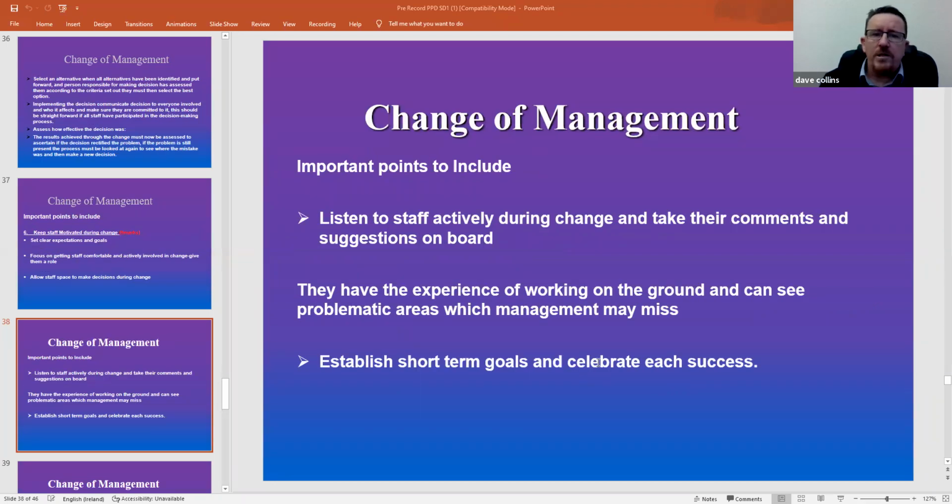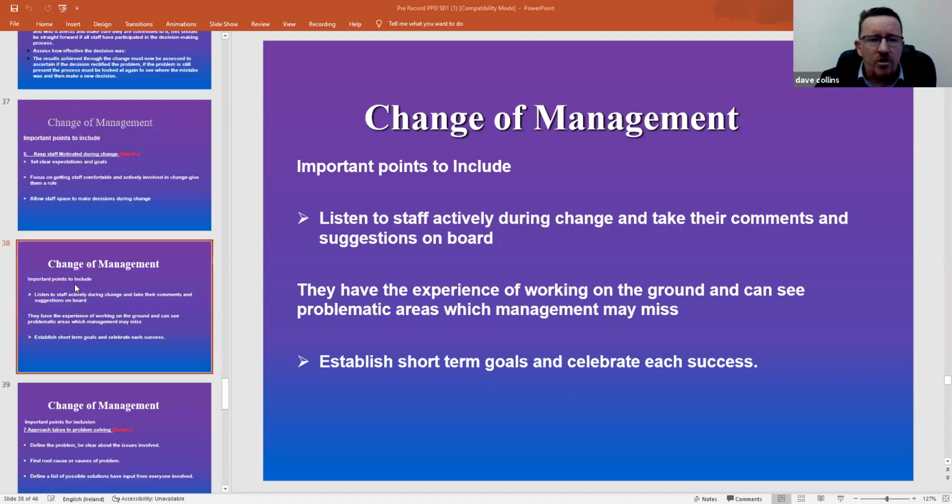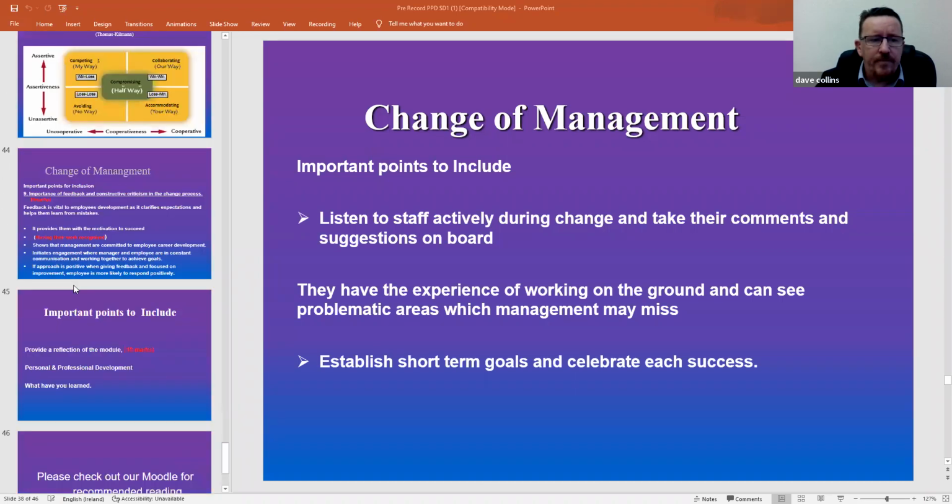More important points to include: listen to staff actively during change. Take their comments and suggestions on board. They have the experience of working on the ground and can see problematic areas which management may miss. Establish short-term goals.